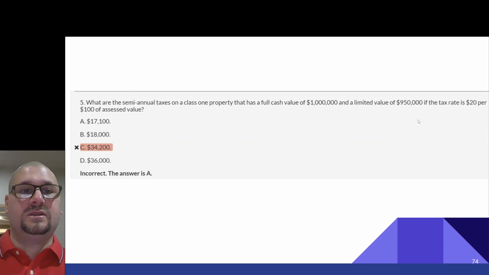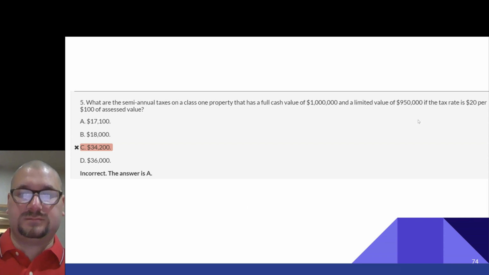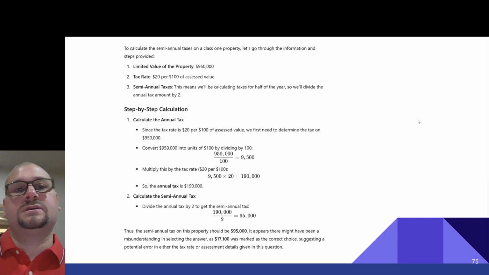So again, what are the semi-annual taxes on a Class 1 property that has a full cash value of $1 million and a limited value of $950,000 if the tax rate is $20 per $100 of assessed value? First, let's calculate the annual tax.